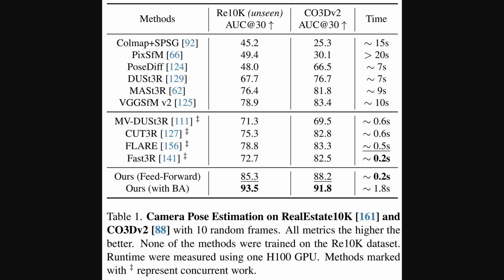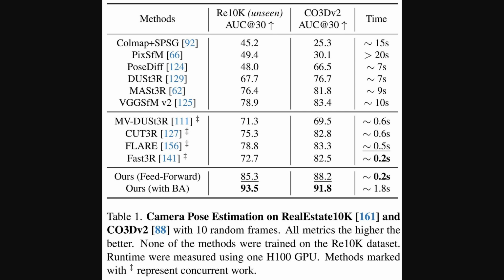You can see that VGGT, just in its basic feed-forward mode, gets really strong results: 85.3 and 88.2 on the two datasets, beating other methods like VGGSfM version 2. And look at the time, only 0.2 seconds, compared to 7, 10, or even more seconds for others.